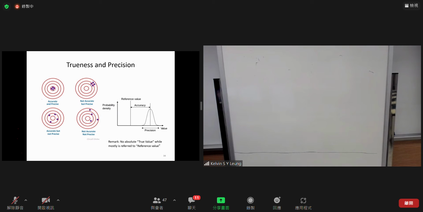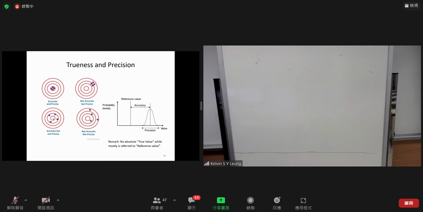And in some cases, they are accurate, that means they are close to our target. The target is at the center, okay? But they are not precise. Precise means all these data points fall closely together, okay?